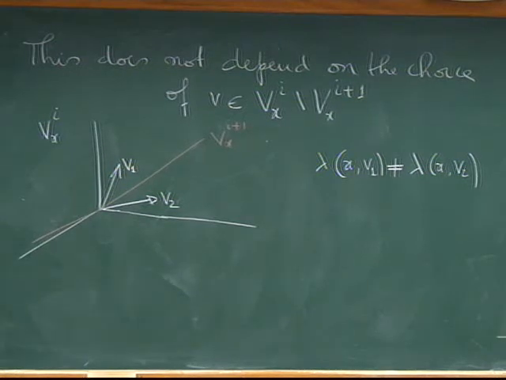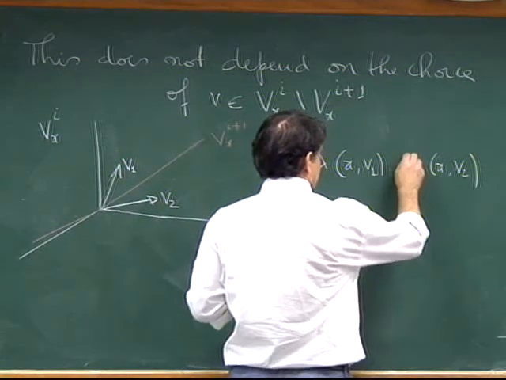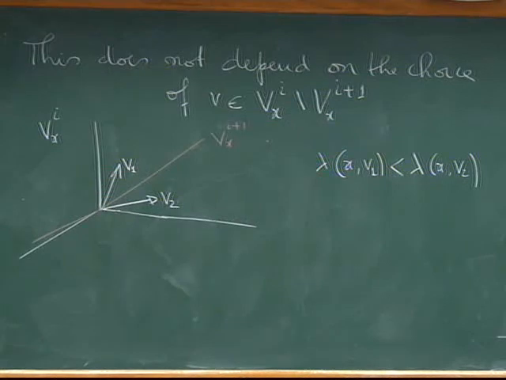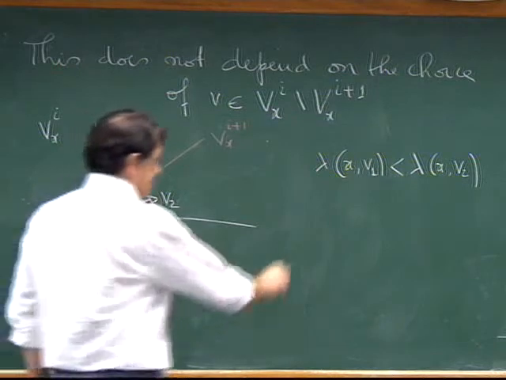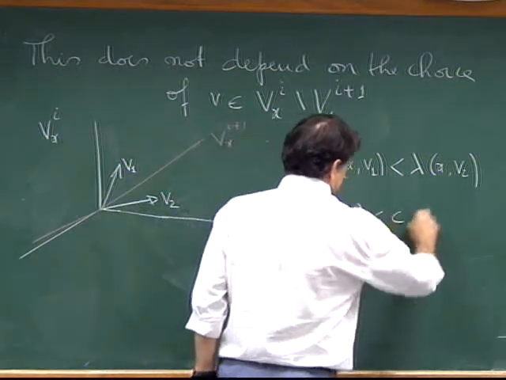For example, v1 has smaller lambda than v2. Then I could choose C in between. Choose C between these two.